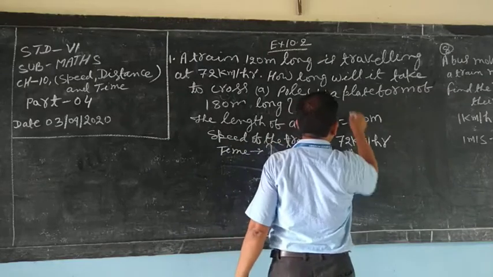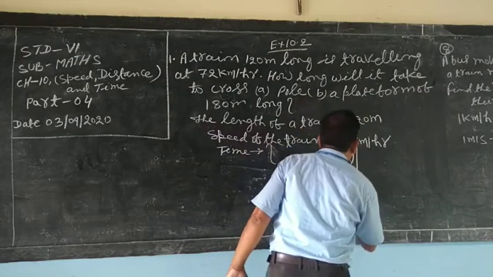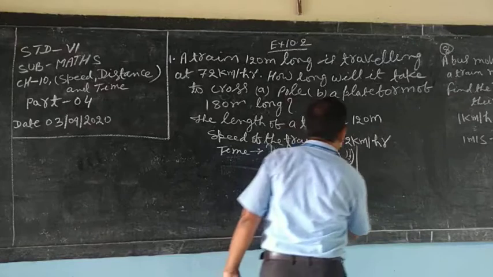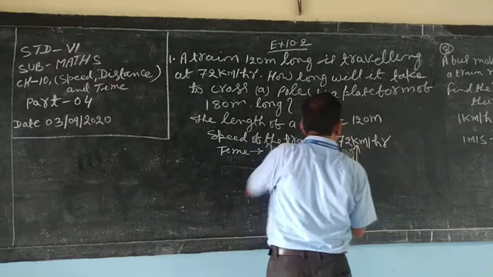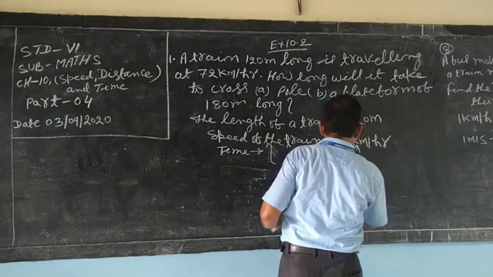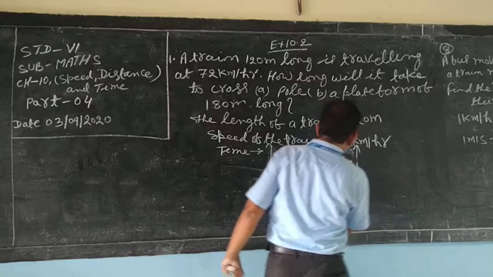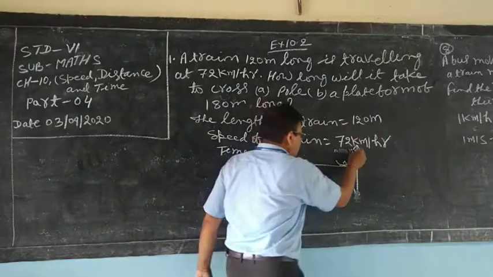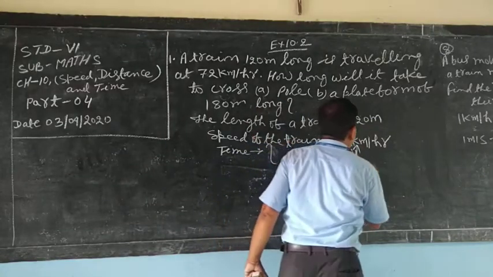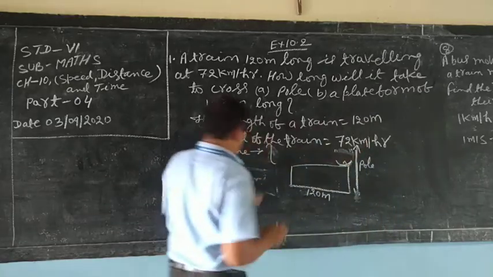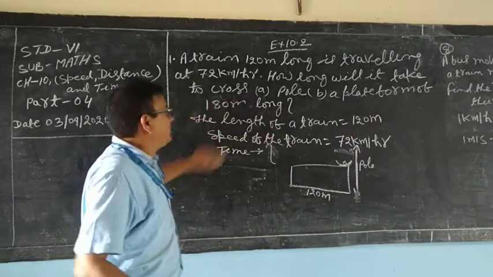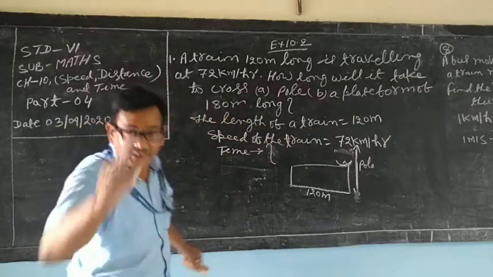One pole is here. This train wants to cross the pole. Actually, the length of the train is the distance.